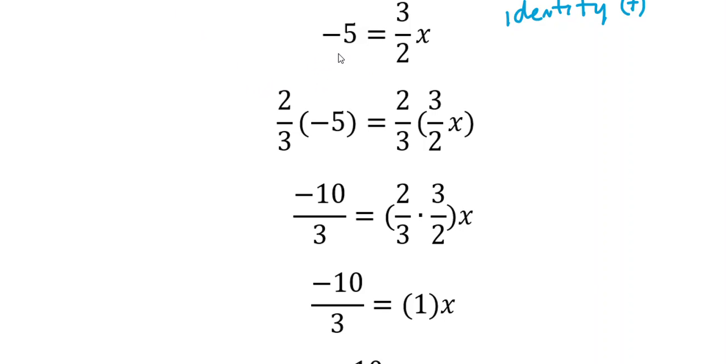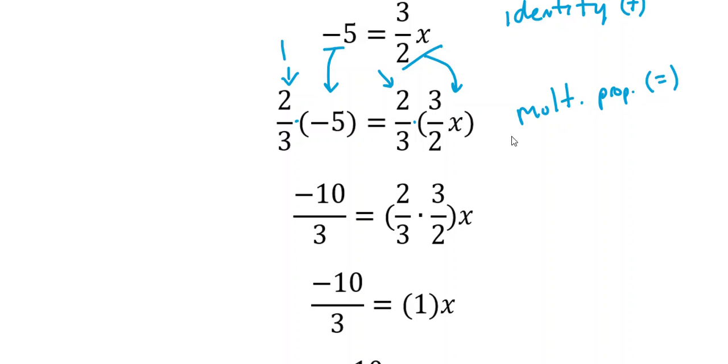Okay, so what changed here? We have -5 and we have 3/2 times x, and in both cases we multiplied this new thing, which is times 2/3, so that's the multiplication property of equality. I'm trying to demonstrate some ways that you can maybe shorten your writing here.